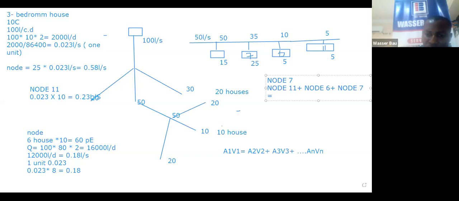Node 11 is 0.23 plus node 6. Node 6, remember, is 0.58 plus 0.18. Does someone remember that? Then node 7 is now 0.18.